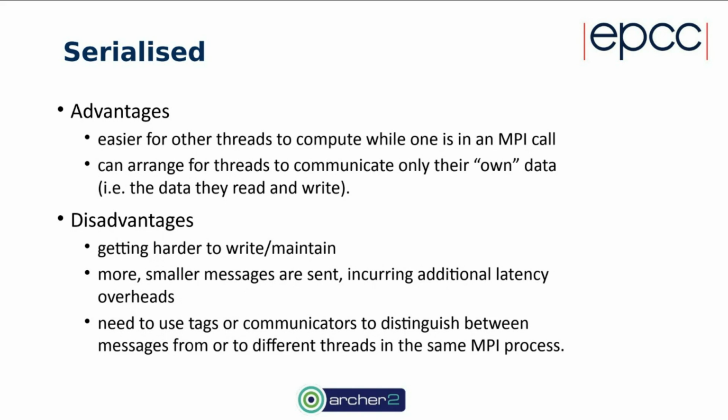So whenever you send an MPI message, there's a fixed cost to start the message off, and then a cost per byte afterwards. So it's basically a fixed cost plus some cost per byte. And if you split your messages up into lots of smaller messages, then you incur this fixed cost more often.